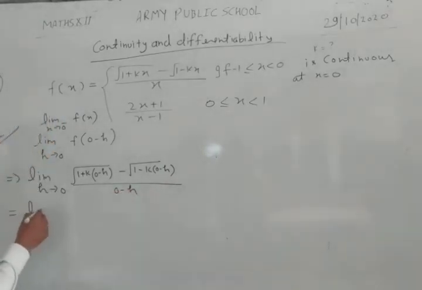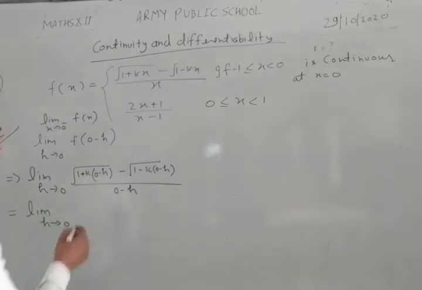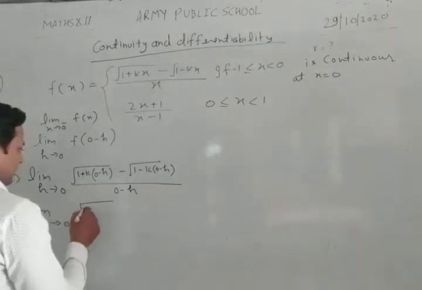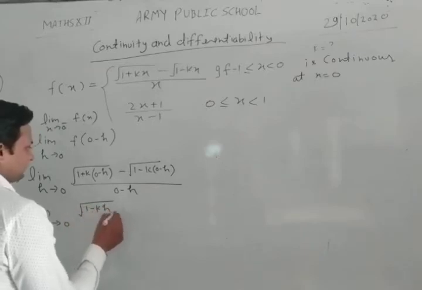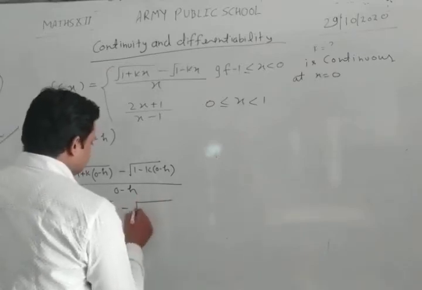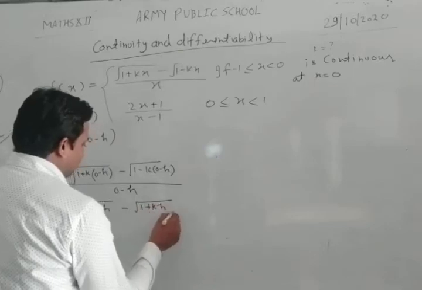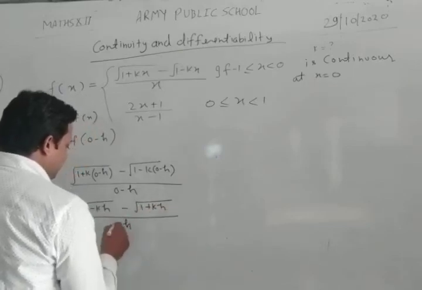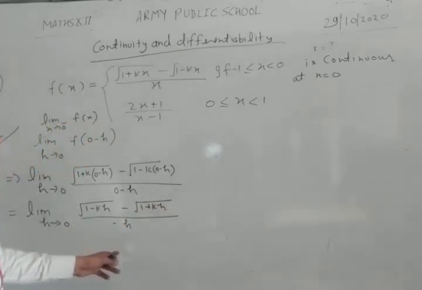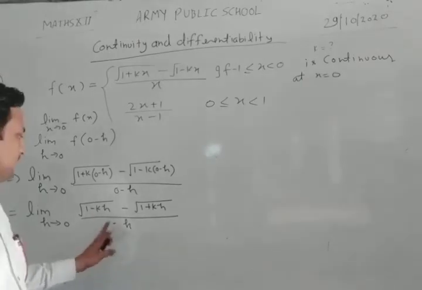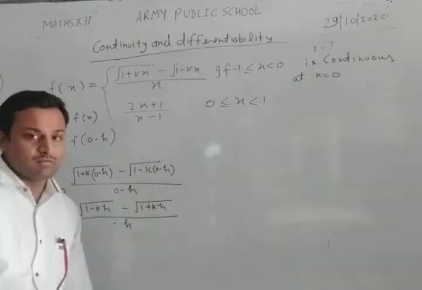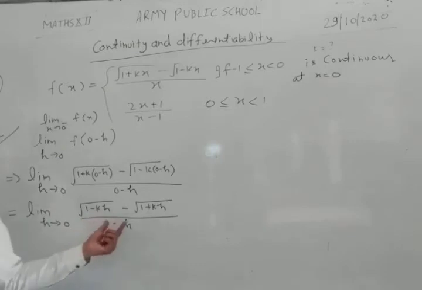Now limit h tends to 0. This we can write as under root 1 minus kh minus under root 1 plus kh, divided by minus h. Now this function reduces to this form. Now what we will do here, we will rationalize it.